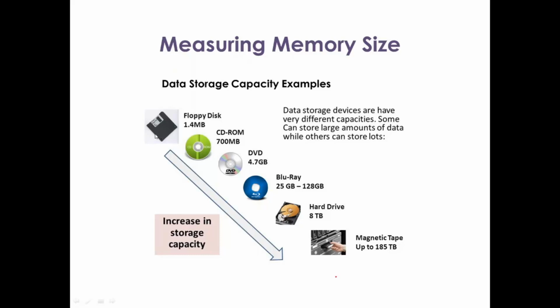Floppy disk, that is not in use these days, it's obsolete, but it was used in the older days, and its storage capacity is 1.44 MB. CD-ROM, its storage capacity is 700 MB. DVD storage capacity is 4.7 GB. Blu-ray disc capacity is 25 GB and 128 GB.